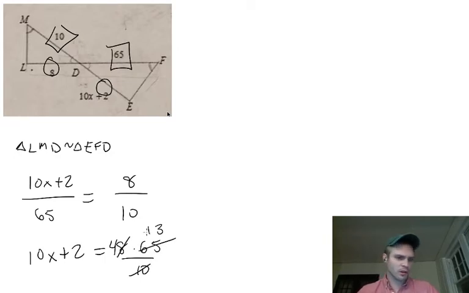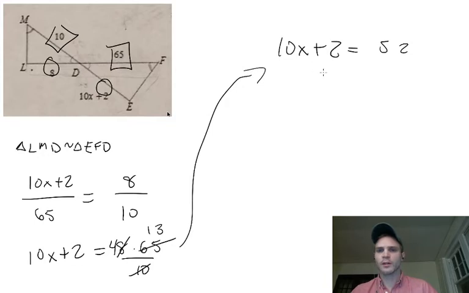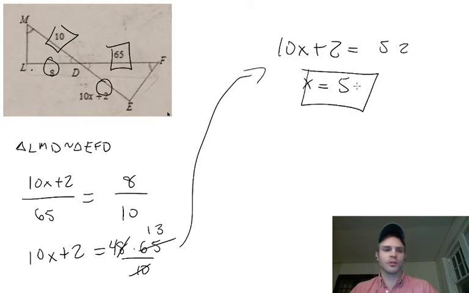And then I'll bring this up here, so that's going to be 10x plus 2 equal to 52. Okay. Now we're going to subtract 2 from both sides and then divide by 10, and we'll get x equal to 5. So that is our answer. That's what we wanted to solve for. And you could plug this back into the expressions for the lengths of our sides and figure that out.